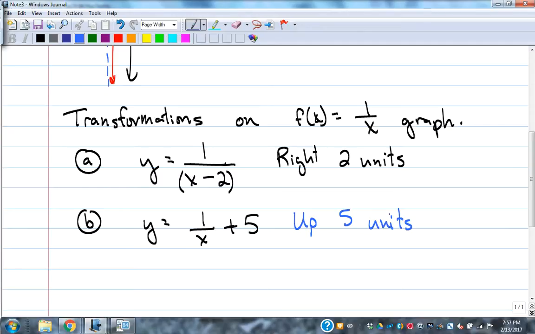Horizontal is going to be the opposite. Vertical is going to be whatever you see. All right. Y equals 1 over x plus 3 minus 6. So this one's doing 2 things. What 2 things is it doing?